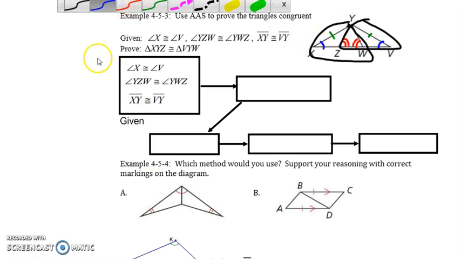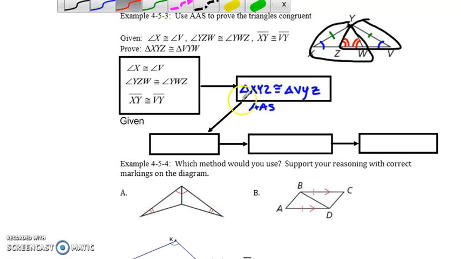So we have an angle and a side, and if we use angle, side, we can prove the triangles are congruent. So that's triangle XYZ is congruent to triangle VYZ.